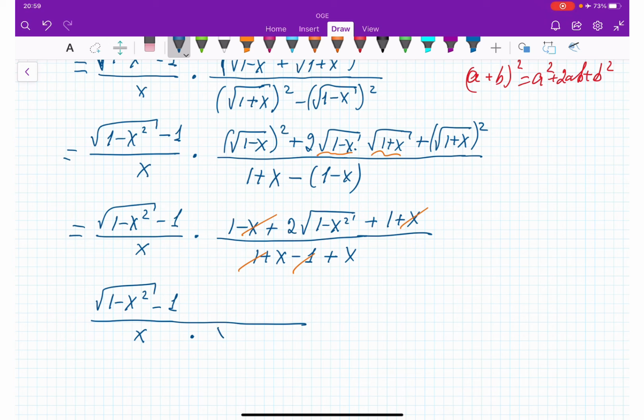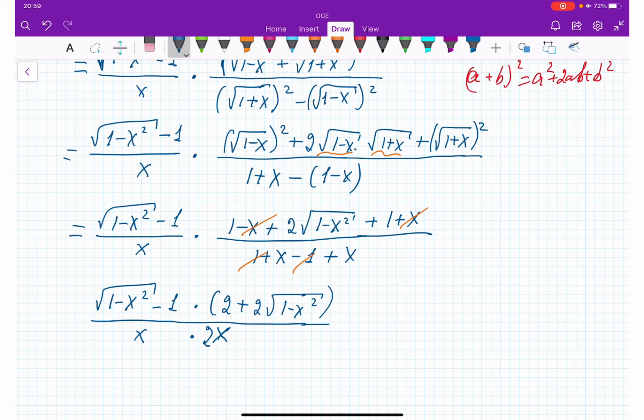Multiply. Here also we have 2x, right? x plus x. And here we have times 2 plus 2 square root of 1 minus x squared.